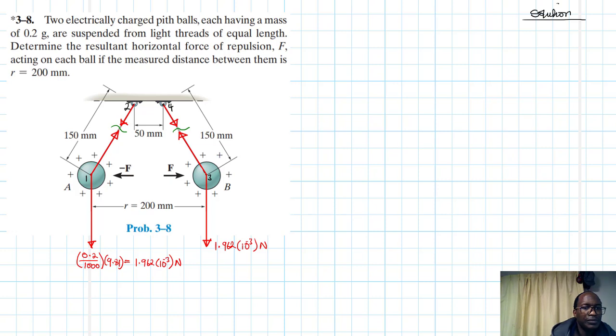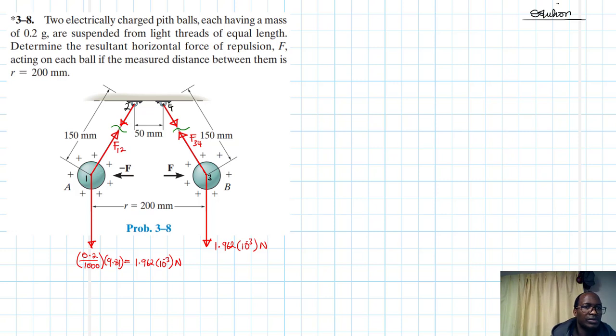Okay, this component that I'm going to call F1,2, and this one here is my F3,4.